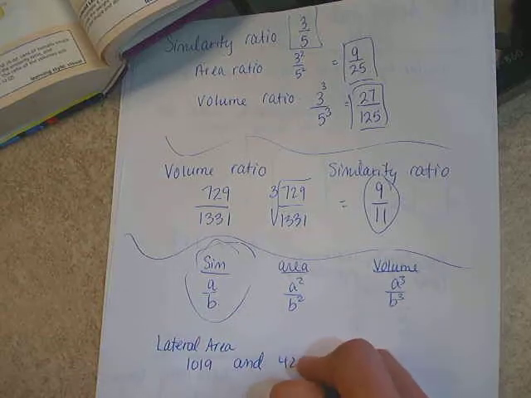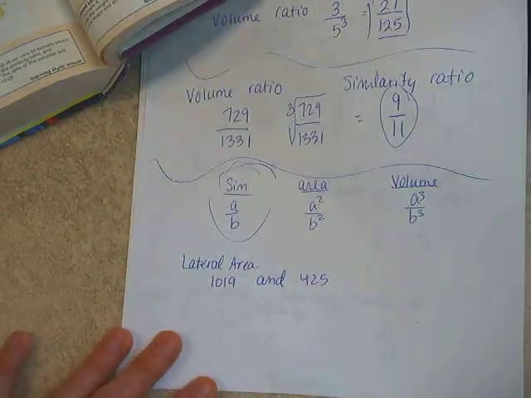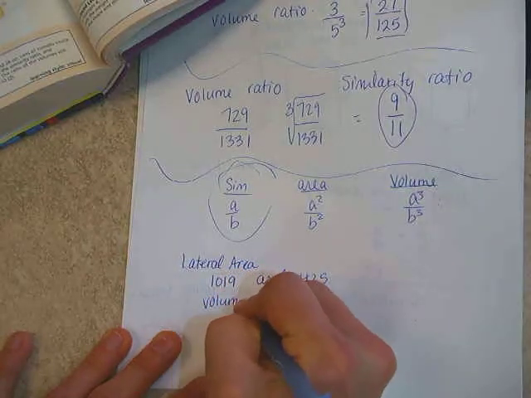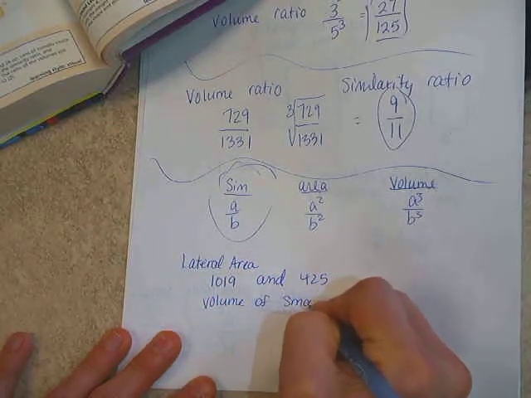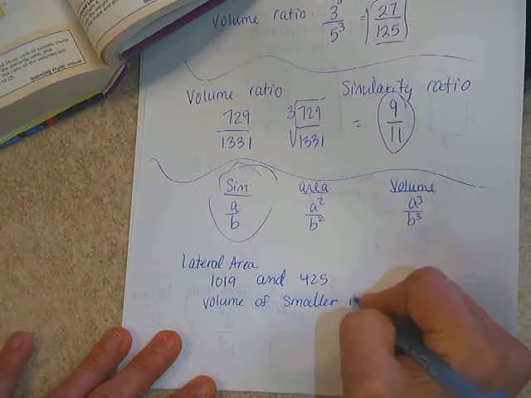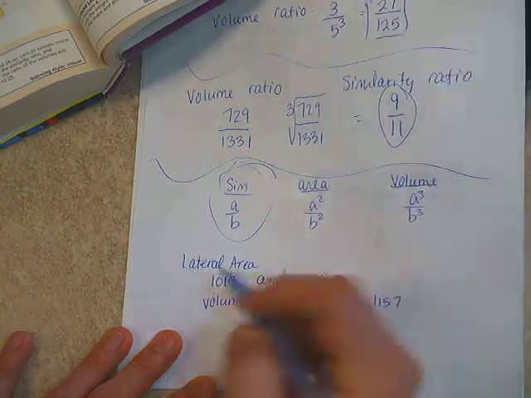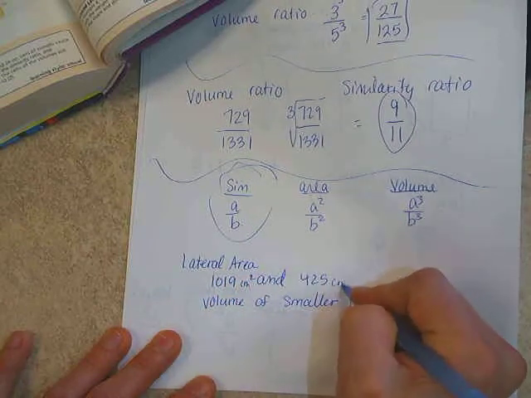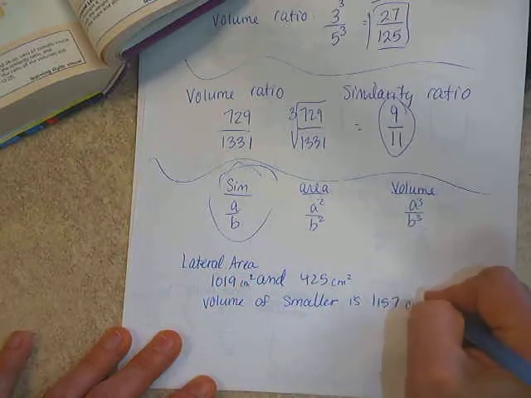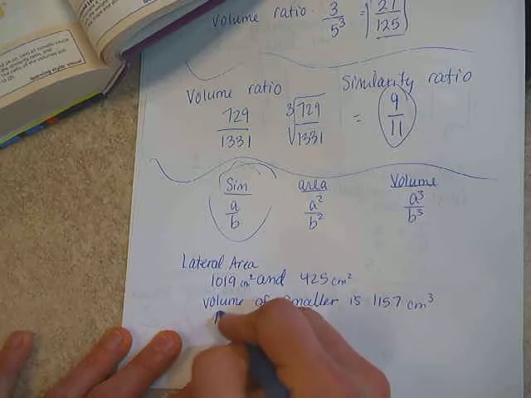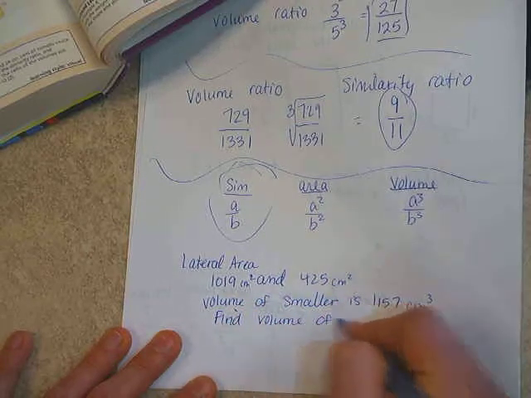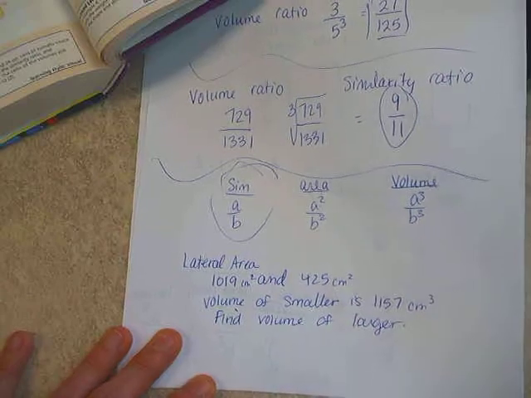All right. So say you have a lateral area, which is just an area, of 1019 and 425. So these are lateral areas of paint cans. The volume of the smaller one is 1157.